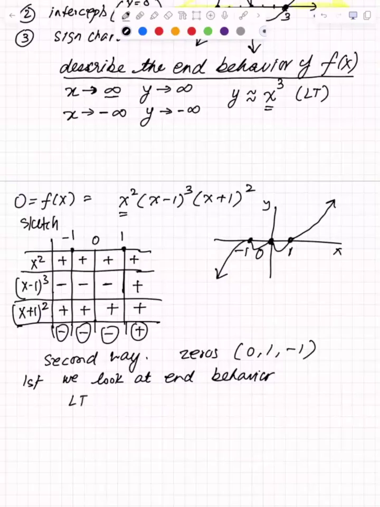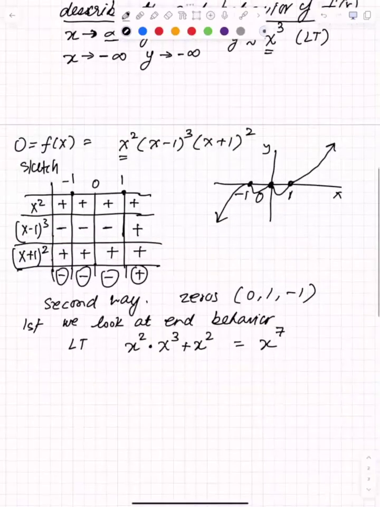What's the leading term in our case? Remember, from all the factors, you peel off the leading term. The first one is x squared, it was (x minus 0) squared, times from (x minus 1) cubed, if you multiply that out, there will be an x cubed as the leading term. And from (x plus 1) squared, it is x squared. So this is actually x to the 5, 6, 7, our leading term is x to the 7.